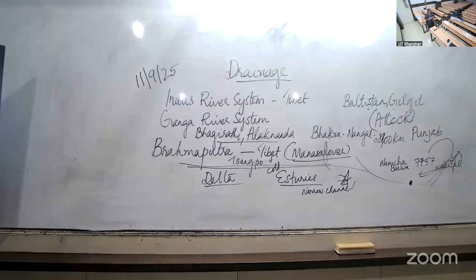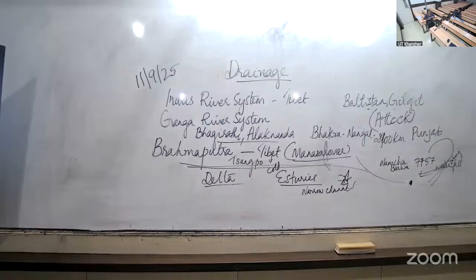Deltas are formed in the regions of low tides and coastal plains. Okay. Third point.